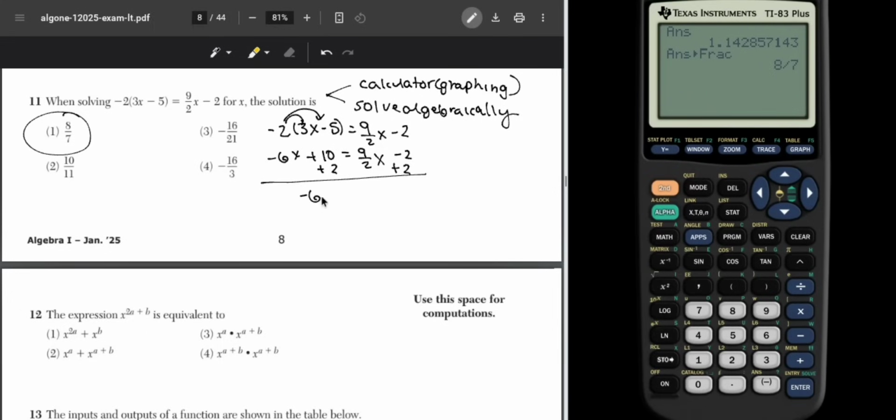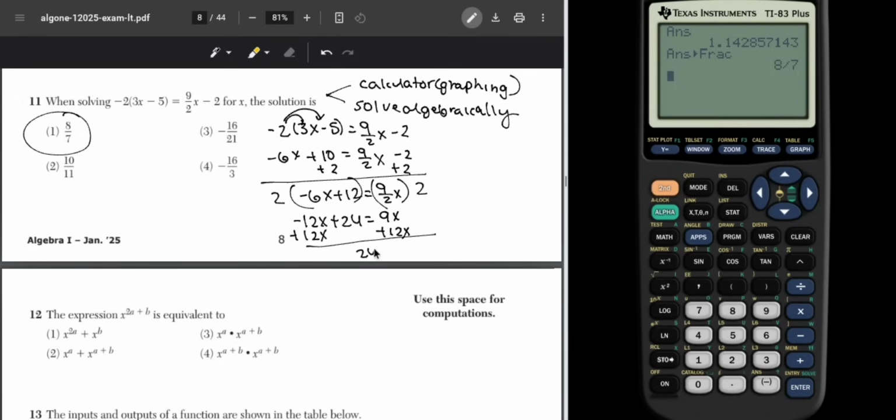Now I have negative 6x plus 12 equals 9 over 2x. I don't like working with fractions. So what I'm going to do is I want to get rid of the 9 over 2. I'm going to multiply both sides by 2. So then I'm going to have negative 12x plus 24 is equal to 9x. I want to isolate x, so I'm going to add 12x on both sides.